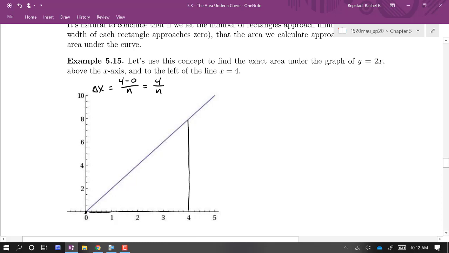This first x coordinate, I'm going to call that x naught. And these are really small values, right? These are all of our rectangles. So here's x1, x2, and so on.